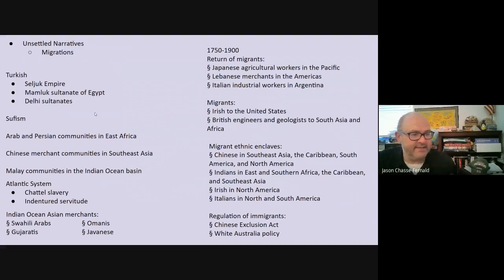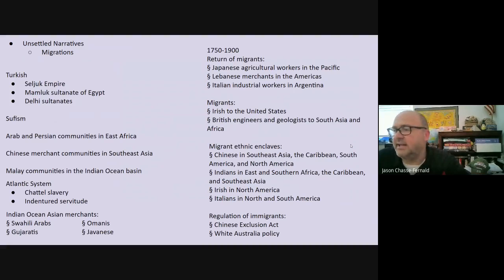I presented a handful of migrations that we cover in this class, and I did it chronologically. So these are period 1200 to 1450, then 1450 to 1750, 1750 to 1900.